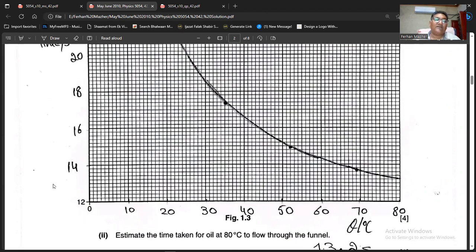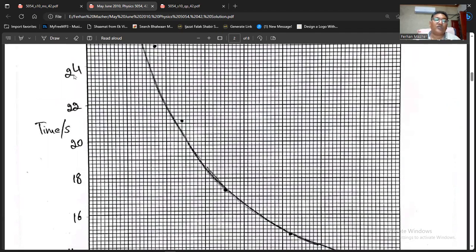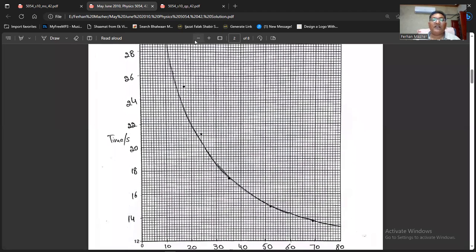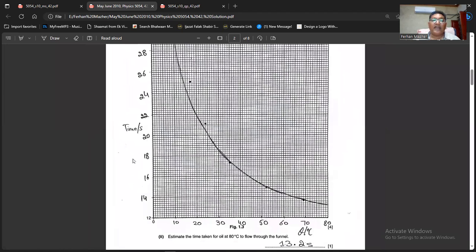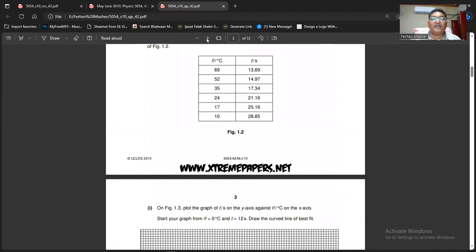Here we have the time: 12, 14, 16, 18, 20, 22, 24, 26, 28, and 30. You can see that we have labeled the axes, and then we plot the points. When the temperature is 10, the time is this much. When it's 20, and so on, here we have the table.